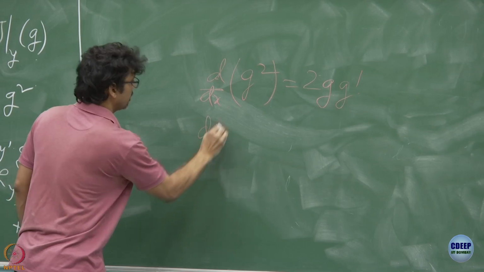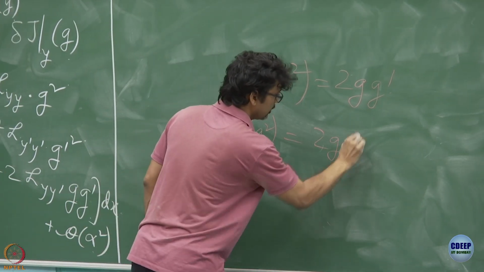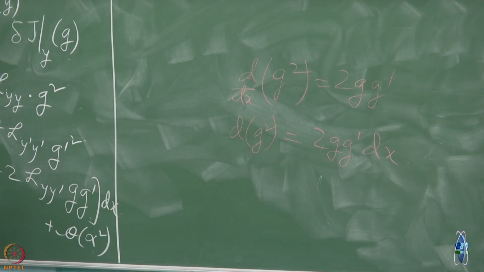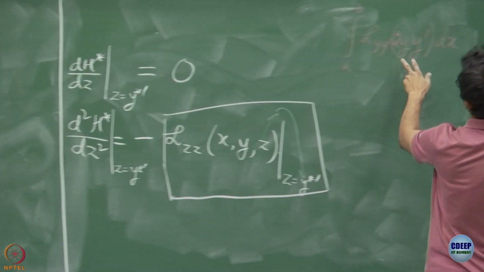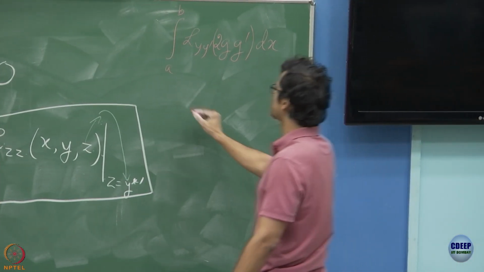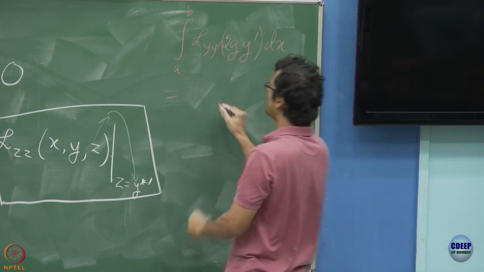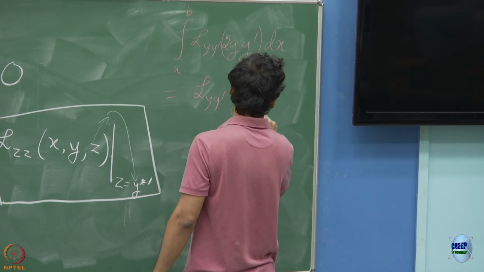So therefore d of g squared is equal to 2g g prime dx, correct? And that's what's sitting over there in that integral. So this is d of g squared. So if you do this by parts, treating this as u and dv, so it's uv, so L y y prime g squared evaluated between a and b.